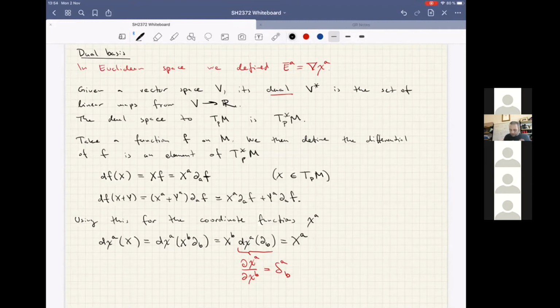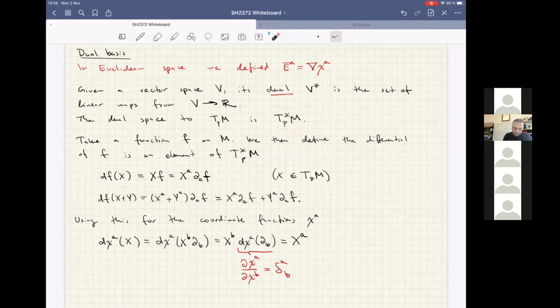So in particular, we see here that these d chi a's belong to this dual space Tp star M. Not only do they belong to this dual space, but also they form a complete basis of this dual space.